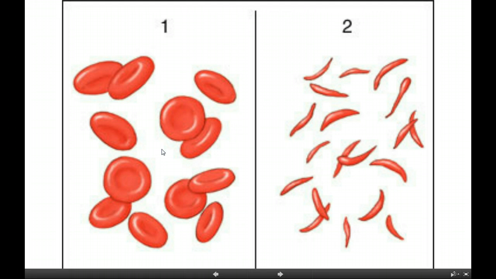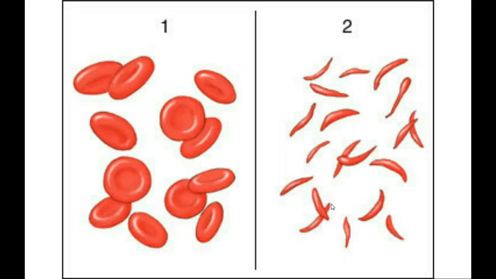Although in environments where there are high amounts of malaria, people with sickle cells out-survive and out-reproduce people with this kind of red blood cell shape. So they out-survive and they reproduce, and therefore we see more sickle cell prevalence in human populations in areas in which there's more malaria, or there's ancestry in environments where there was lots of malaria.